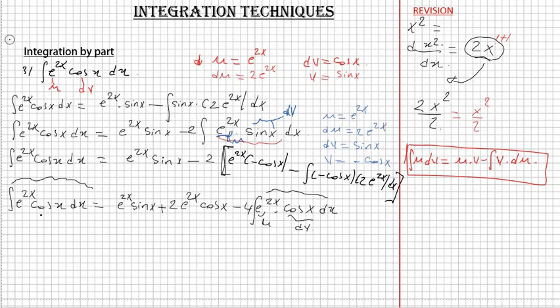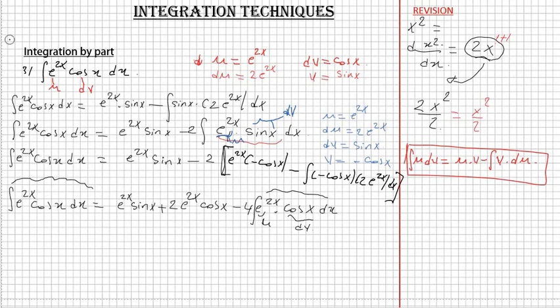So that means I can bring this expression to the left hand side in such a way that I'm going to add it to the expression that I had on the left hand side.